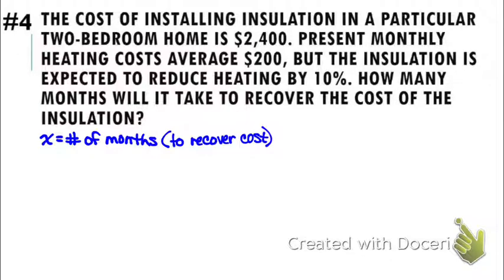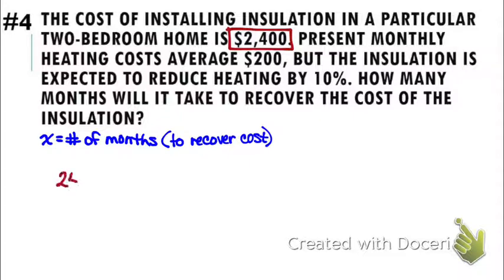Where do I go from here? I don't know. What do you know about the situation other than X is going to mean months? It's going to have to equal $2,400.